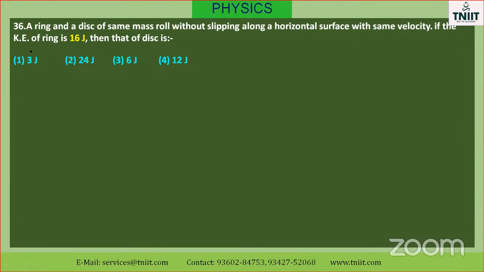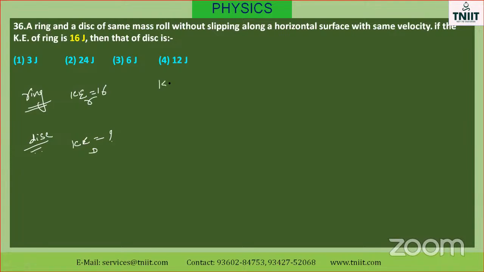There is a ring and a disk. They are rolling at the same velocity. Kinetic energy of the ring is 16 joule. Now you are expected to find the kinetic energy of the disk.